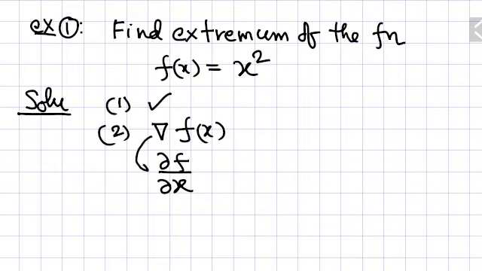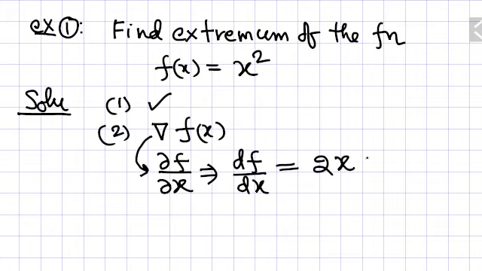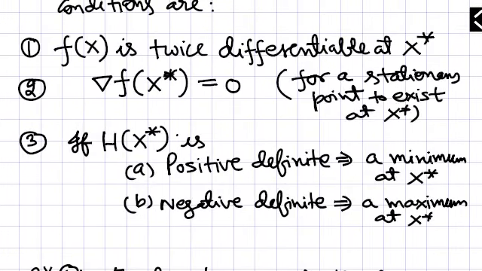To remove any confusion, it is actually differentiation, and in our case it will be df over dx. If you differentiate it, you will get 2x, and now the condition applied is that it is equal to 0.